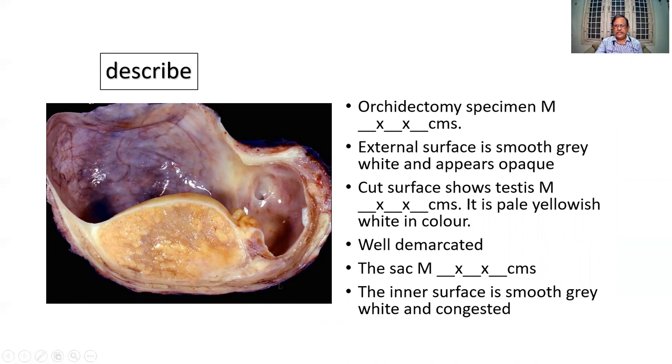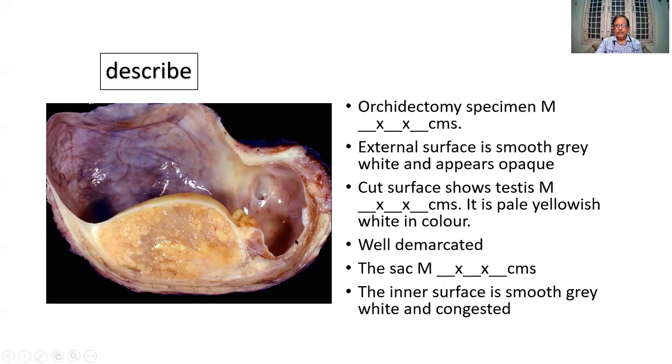External surface. Here I am seeing only the cut surface. You'll have to mention whether it is smooth, grayish white, whether it is opaque or transparent. The cut surface shows a testis which is having yellowish patches, and then it is yellowish white over here, well circumscribed. It measures dash into dash centimeters, well demarcated.